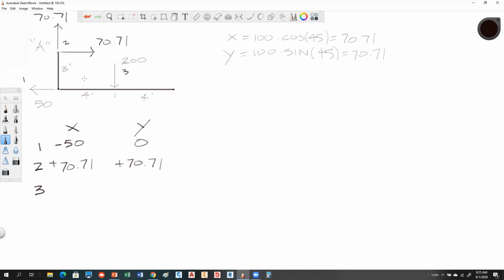Okay, for vector 3, your x is 0 and your y is negative 200. So we're going to just sum those. Let's see what we come up with. You guys can check my answers.